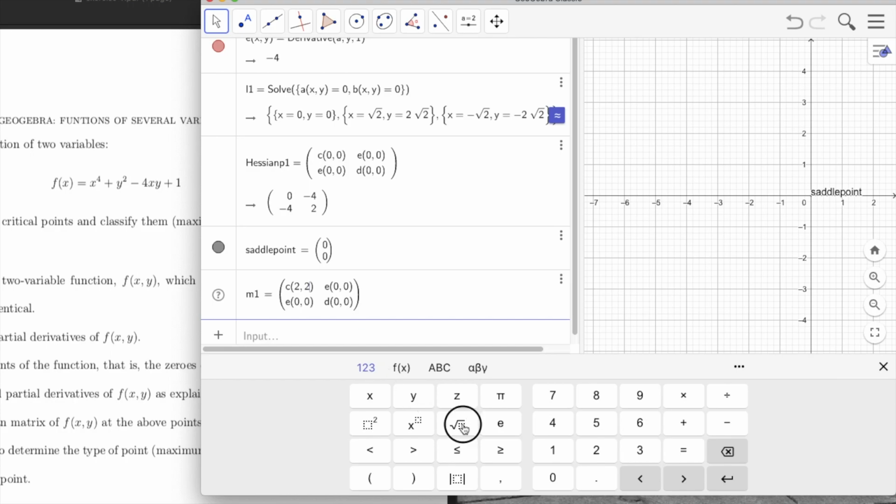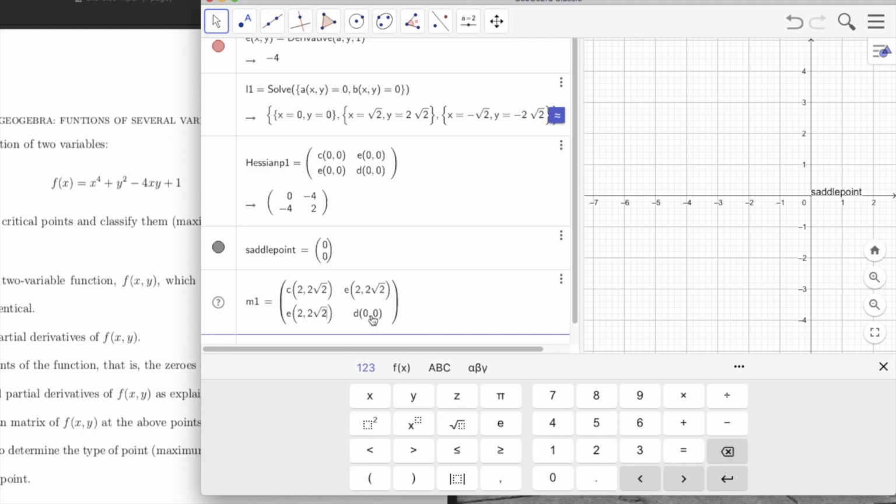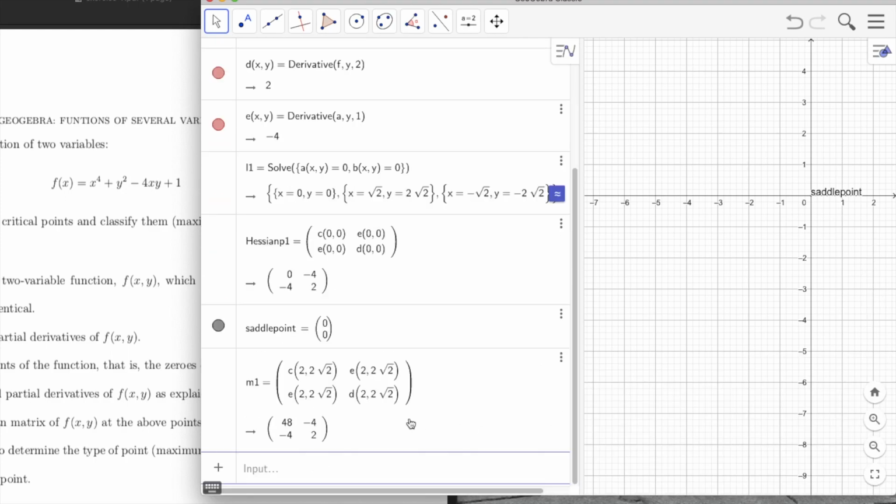Then again here is 2, and here 2 root 2, and again 2, and here 2 root 2. Let me close the keyboard, I don't need it any more. Enter. So here it is.